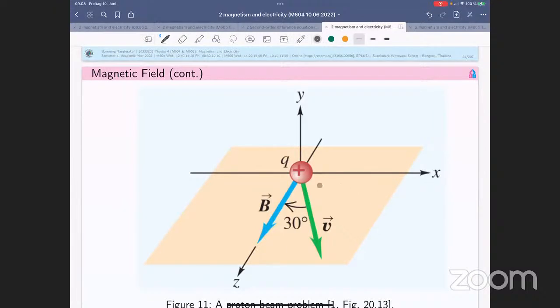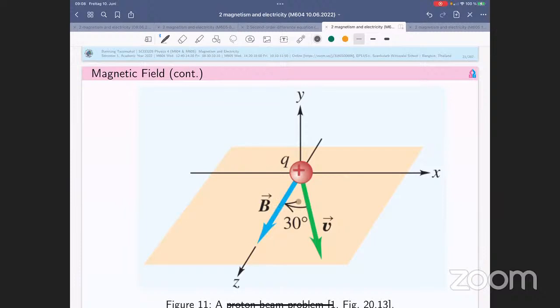In this scenario, someone disturbed the proton, and the proton is moving on the xz plane. And someone has measured the motion direction of the proton.